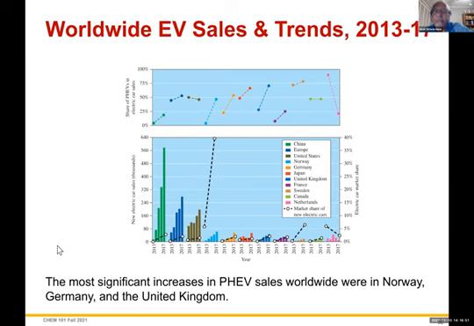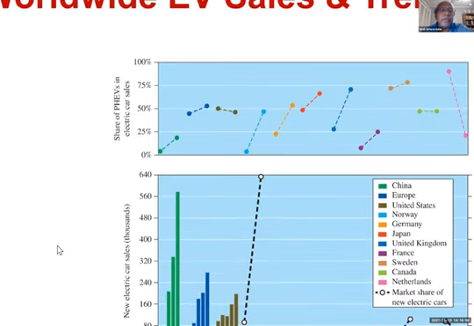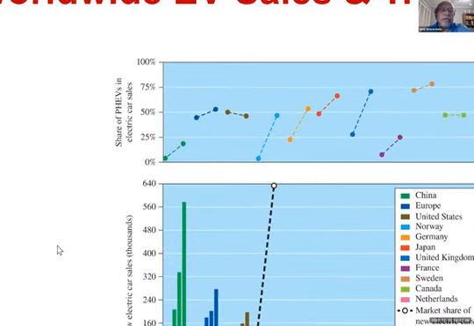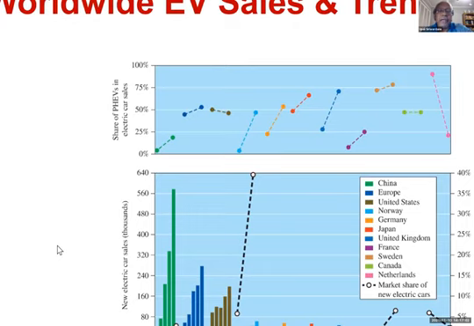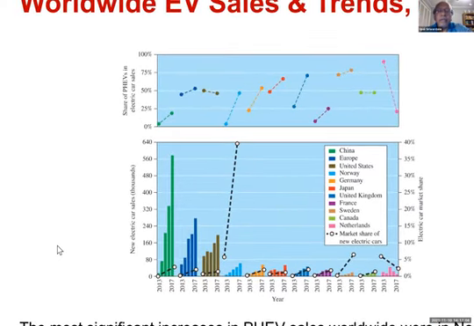Europe is second. United States is third. If you look at electric car sales, sales are low in China, but the United States and Europe are in the middle.